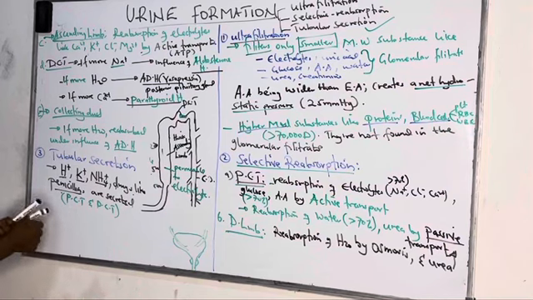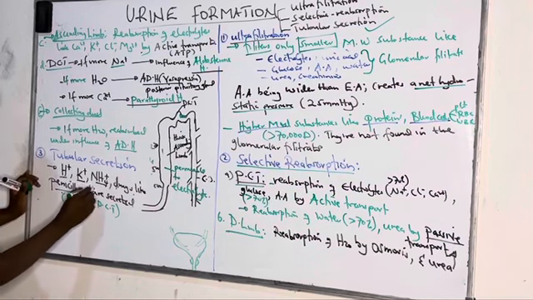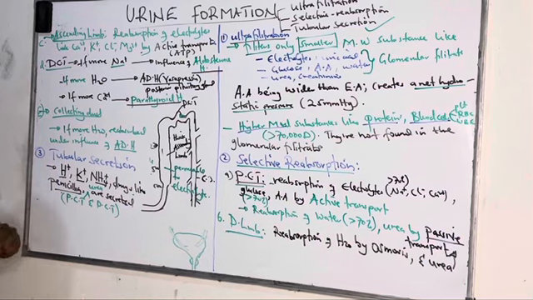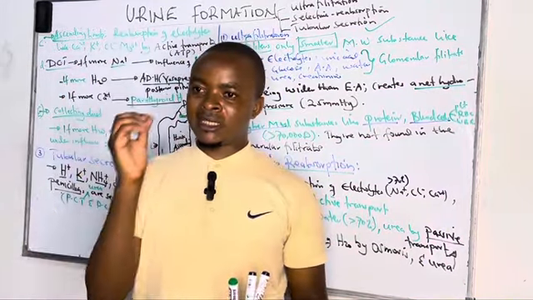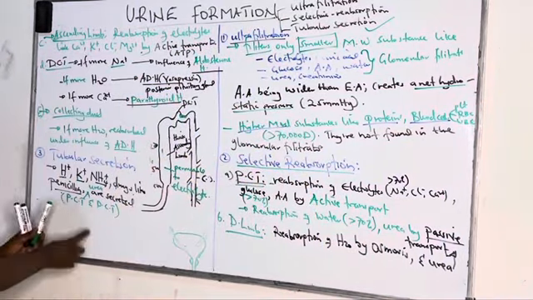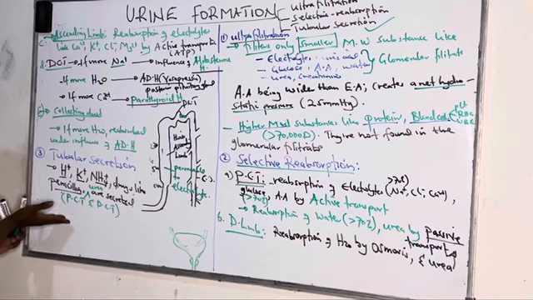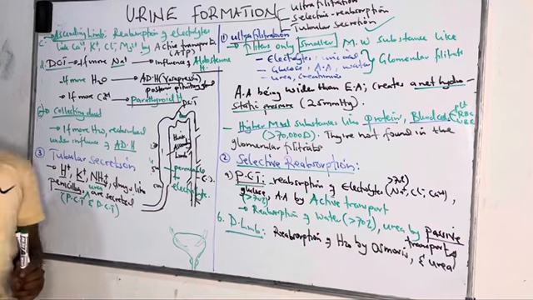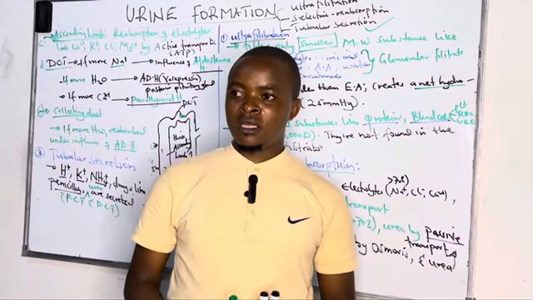Not forgetting our urea, because urea is also secreted. I told you urea is both secreted and reabsorbed because it is small in size. So these are the substances secreted, majorly in the PCT and the distal convoluted tubule. And that is the end of tubular secretion.